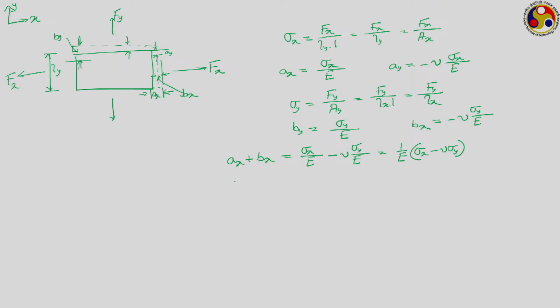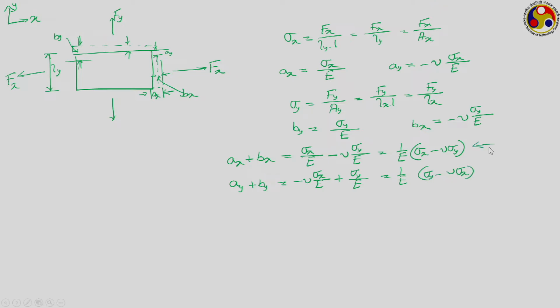Similarly, how much is the net change in length in the y direction? That can be A y plus net B y. So, your A y was minus nu into sigma x upon E, that is a change because of the F x, plus the change corresponding to F y was sigma y upon E, that is this much into sigma y minus nu into sigma x.